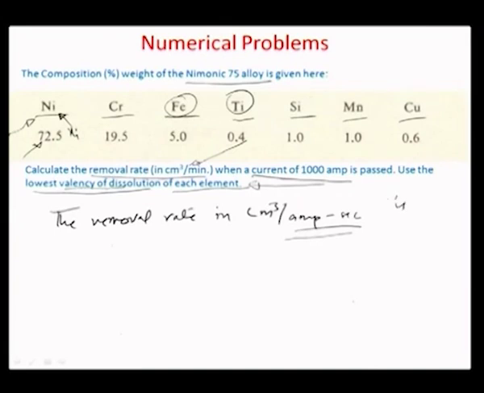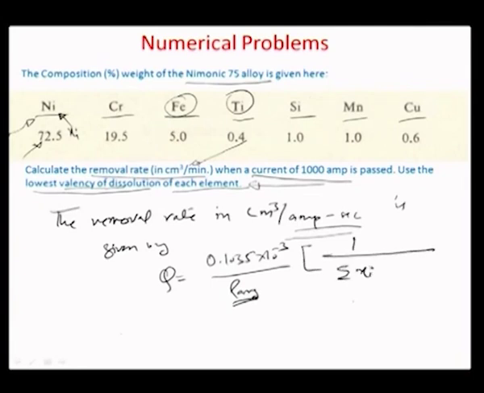It is given by 0.1035 times 10 to the power of minus 2, that is about 1 by the Faraday, 96,500 coulomb, times rho average, times 1 by sigma xi zi by ai. This rho average is something we need to determine for the particular alloy. So, how do we determine it?